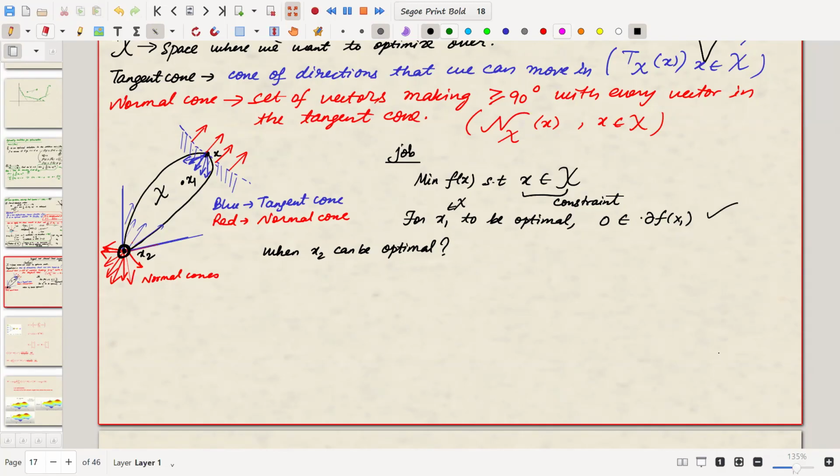Any idea? This is where the tangent cone and normal cone come into the picture, to identify when x2 can be optimal. For x2 to be optimal, I need every direction of allowable movement. What does it mean to have every allowable movement?